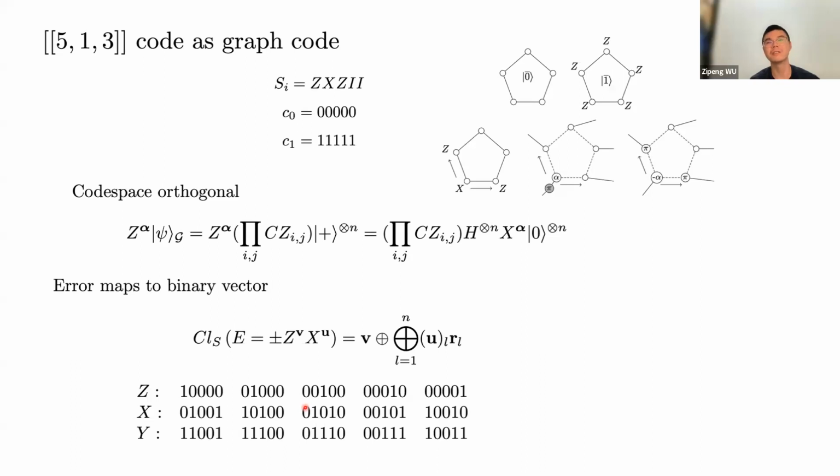Beyond the graph code, there's something called codeword stabilized codes. It's the same, except that the codewords are now not linear, and there are some even better quantum error correcting codes in this framework, but there's no efficient decoding algorithm for these codes. So you have nice codes, but it's not the best way to go. Thank you.